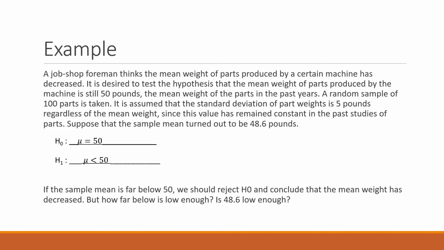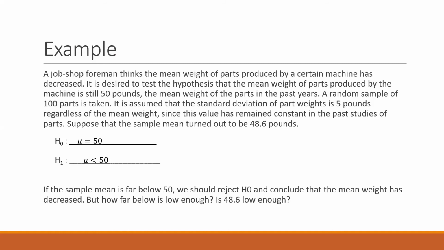And if there's certain doubts or thoughts saying that the average may have decreased, then it's substandard, the quality is not maintained. We want to maybe fine-tune the machine to make sure the average is still 50.